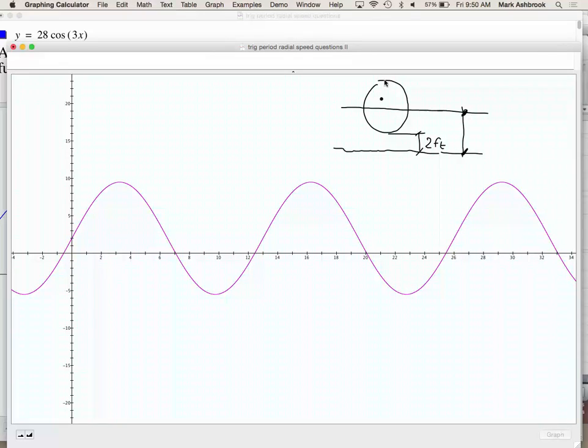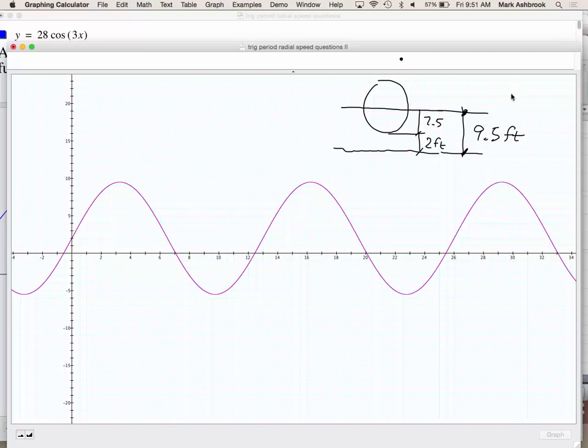No. So here's our radius, 7.5. In order to get that, we need the center line. The center line isn't 2 feet above the water. The center line then is 9.5 feet above, so that the bottom of the wheel is 2 feet above. So we need to move it up 9.5 feet, not 2 feet. Do you see that? If the bottom of the wheel is 2 feet above, then the center of the wheel is 9.5 feet above the water.